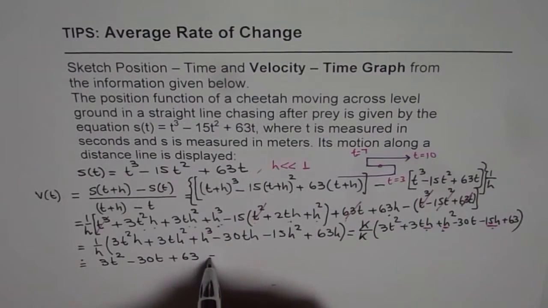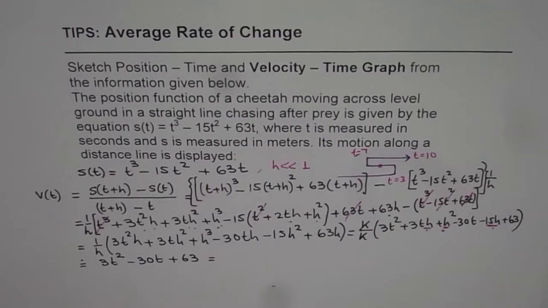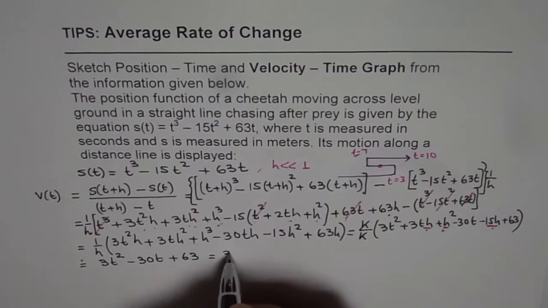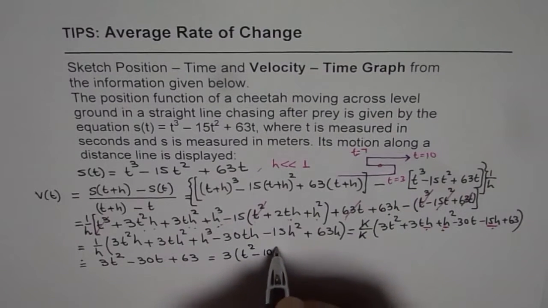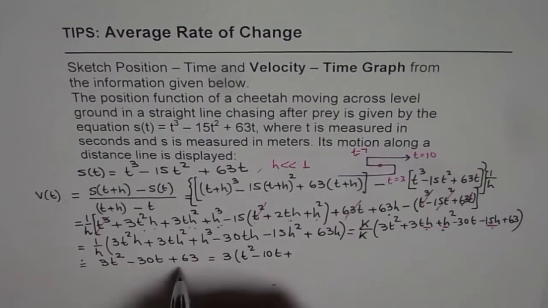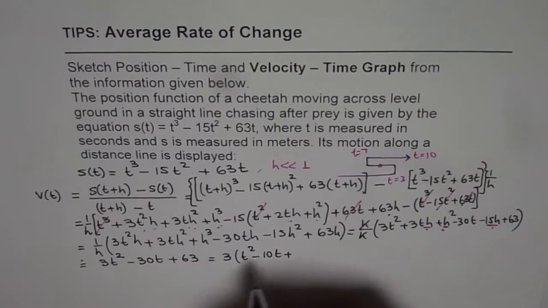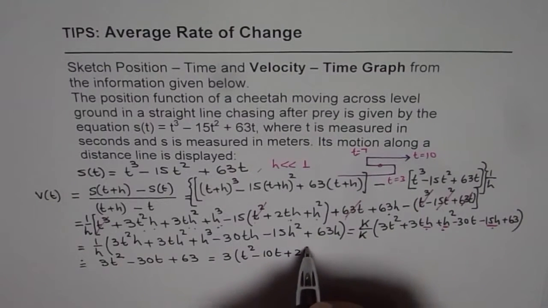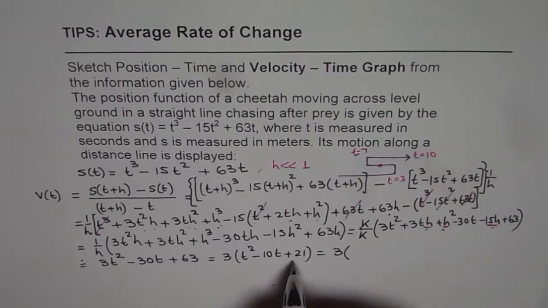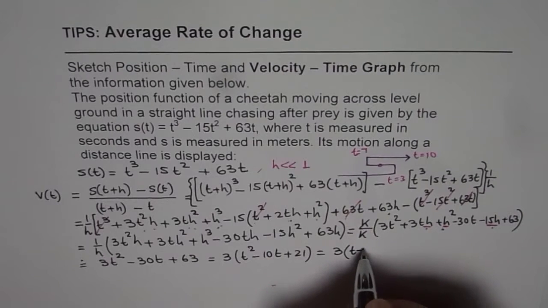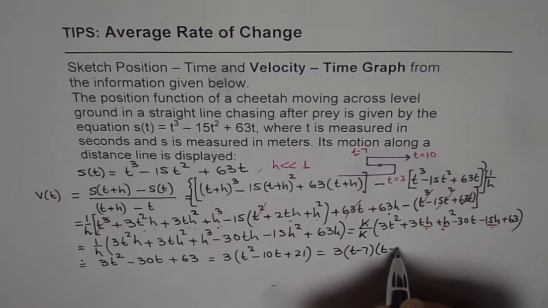Now from here, we can take 3 common, and we get t square minus 10t plus 21. We can factor this using two numbers with product 21 and sum minus 10. That gives us t minus 7 times t minus 3.